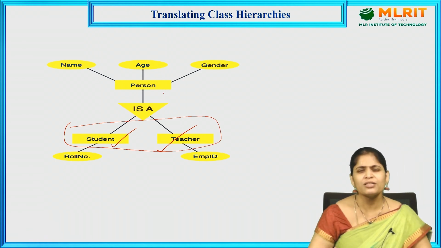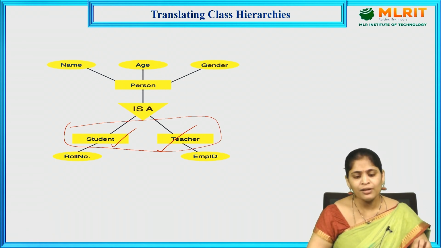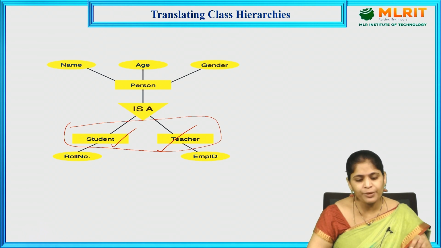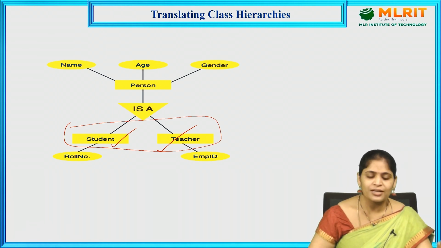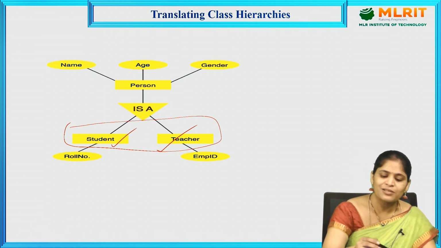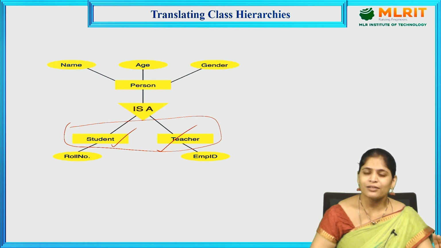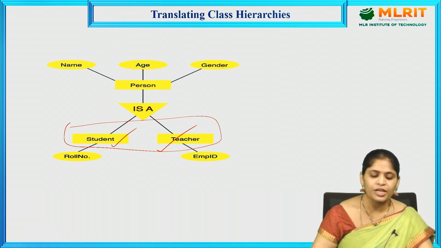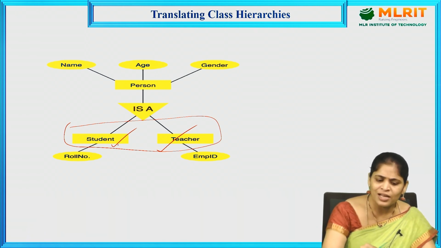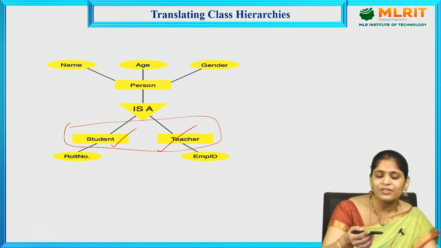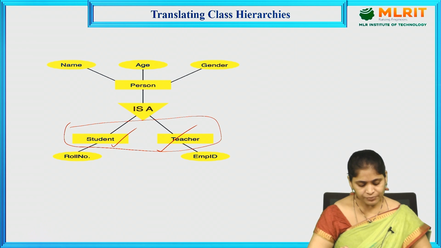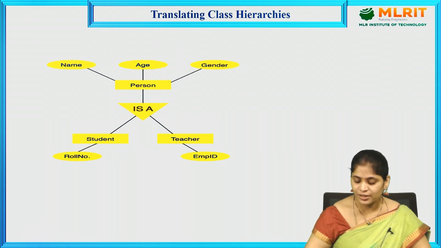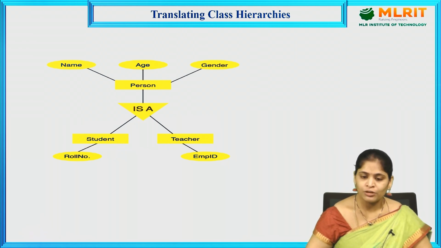No need to create an extra person table for this one. We have two options: we can create tables for three entities, person, student and teacher. And the second option is we can create only two tables, student and teacher. Why? Because the student and teacher can have the same properties as person, right? So that is translating these class hierarchies into tables.